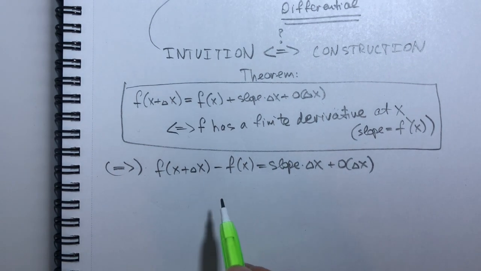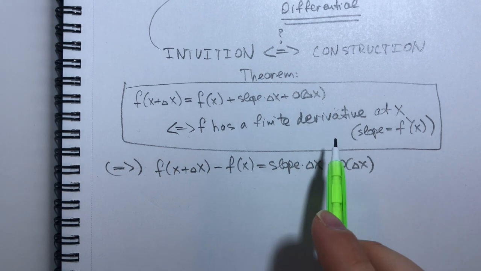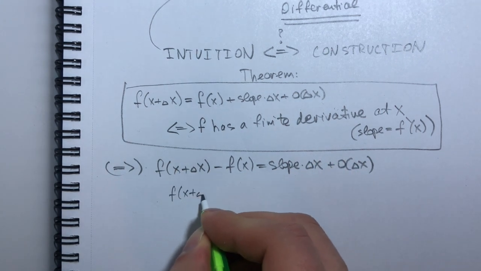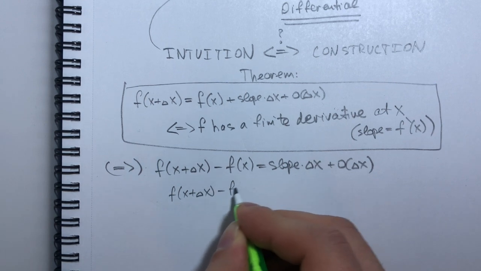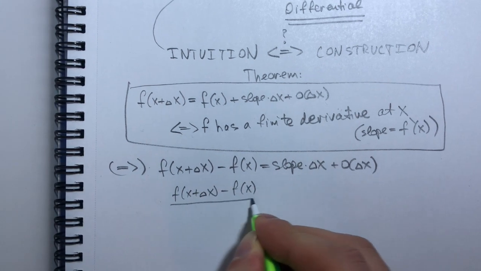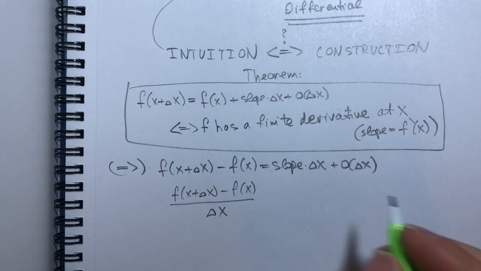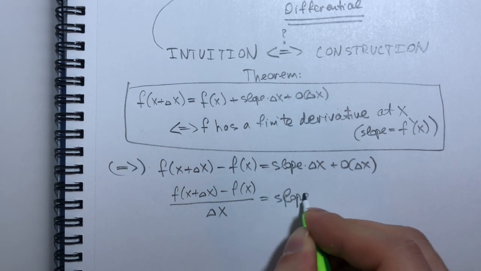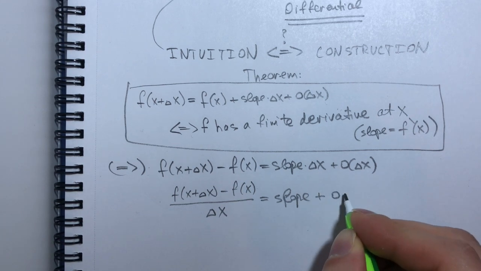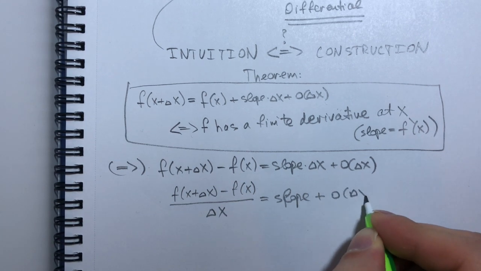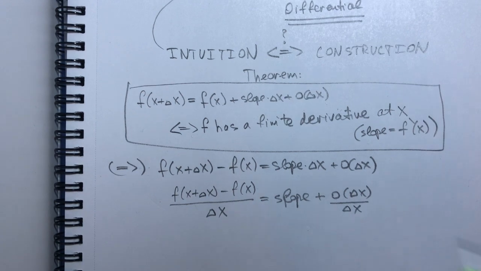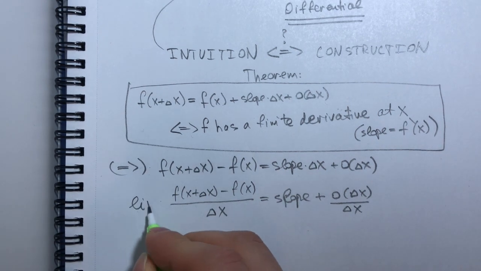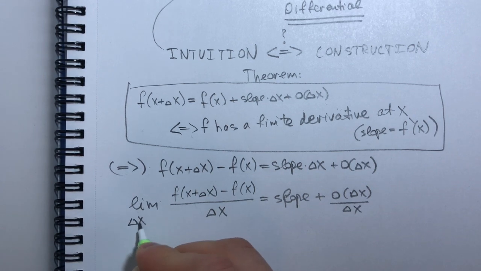Now, if you recall how the derivative should look, we now must divide through by delta x. It is non-zero, and we get slope plus o little of delta x over delta x. And now, let's take limits on both sides.